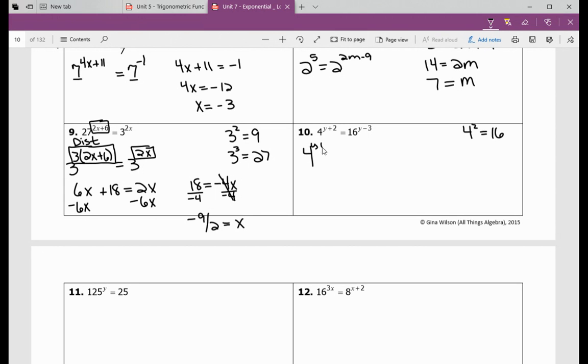So 4 to the y plus 2 power equals 4 squared. Multiply that by the exponent that's already there. So we're going to distribute that exponent over here. So on the left, we have y plus 2, dropping those bases. That would be 2y minus 6. And then we go from there.